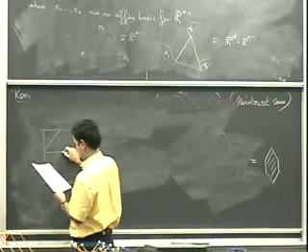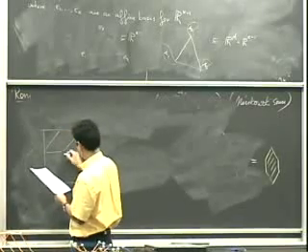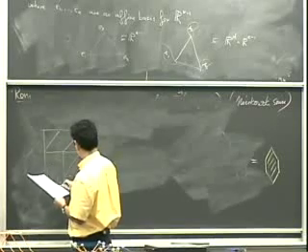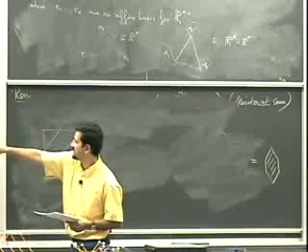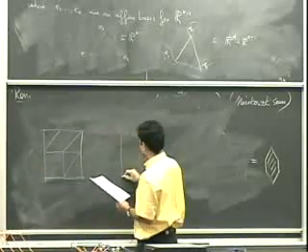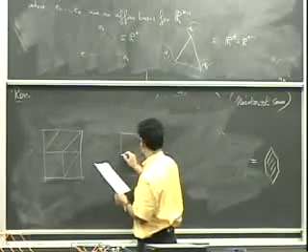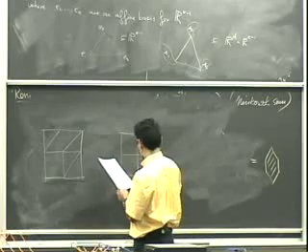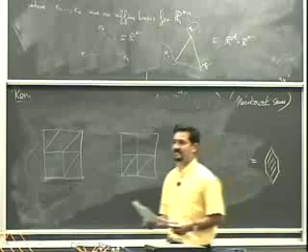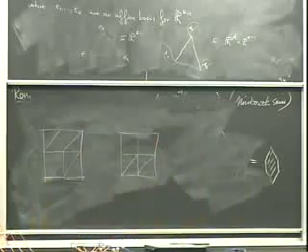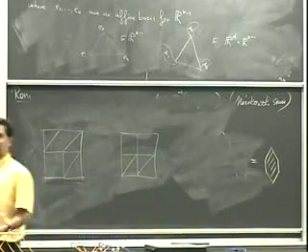It consists of 4 squares, 4 triangles, and the rest is pieces like that. And this looks like a mixed subdivision. It consists of 4 triangles, and the rest is pieces like that. And I claim that these are not mixed subdivisions. Can anybody give me a proof of that?